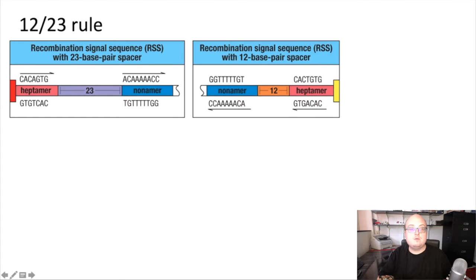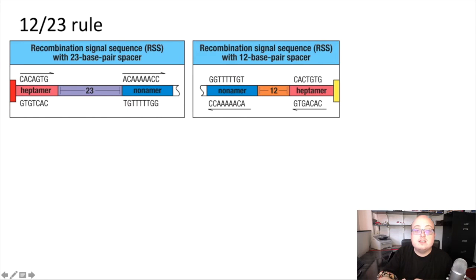The reason we think it's 12 and 23 is that 12 base pairs is essentially one turn of the DNA double helix, whereas 23 is basically two turns. So this number of base pairs seems to allow the enzymes to dock at the right location and in the right orientation relative to the DNA to accomplish recombination. So just a little bit of interest there. That's why it's 12 and 23.